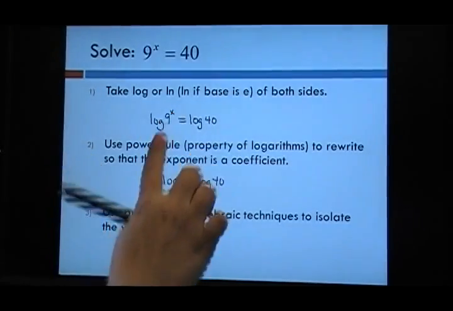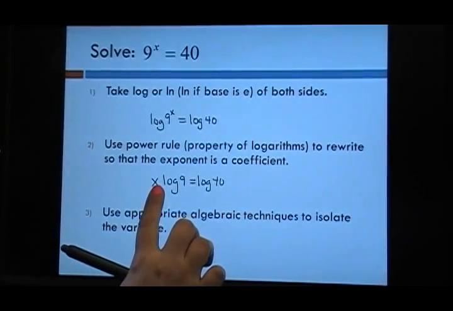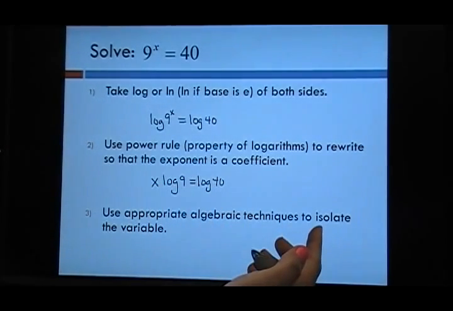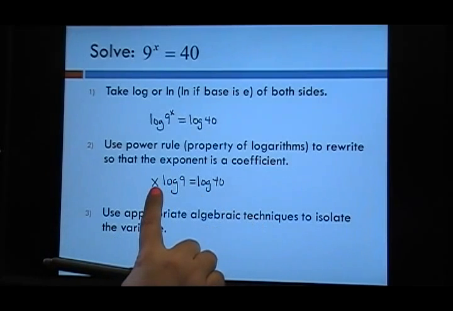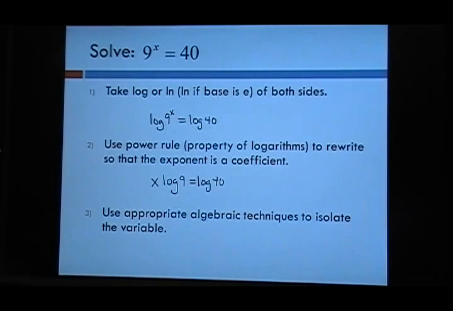And now that we have the variable out of that power, now we just have a basic linear equation to solve. So to find the value of x, I'm going to divide both sides by the log of 9, and that gives me x equals the log of 40 divided by the log of 9.